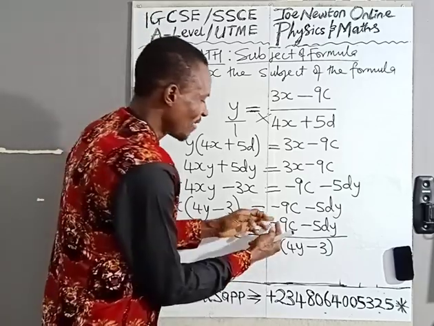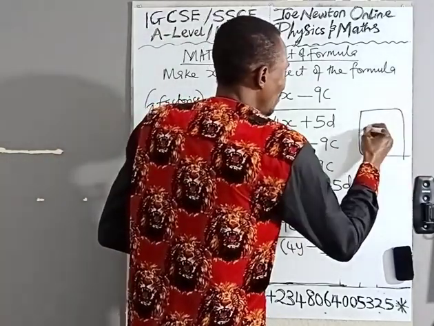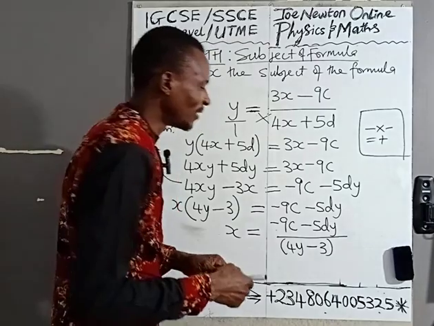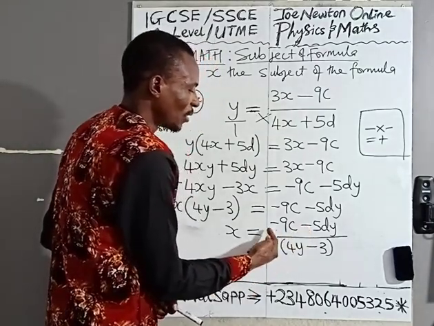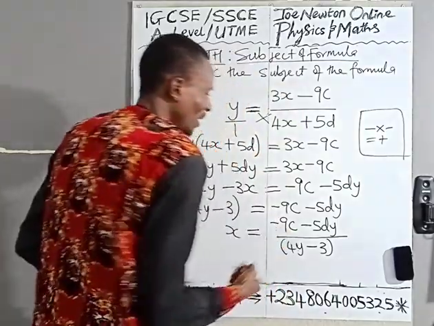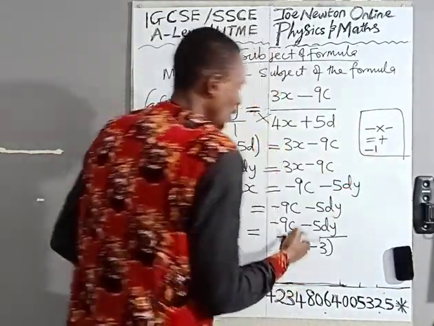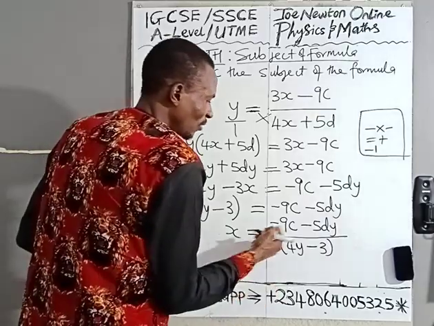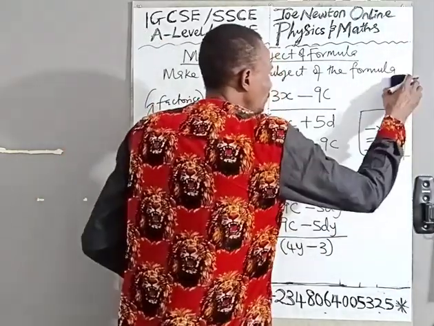Guess what? We have minus and minus here. So we factorize it. Remember, minus times minus is equal to plus. So what we are going to do is change this sign to plus and bring out minus 1 as a factor. So what we mean is that minus 1 is a factor. So when we put plus here, minus will remain outside the bracket, because minus 1 is the common factor. Okay?